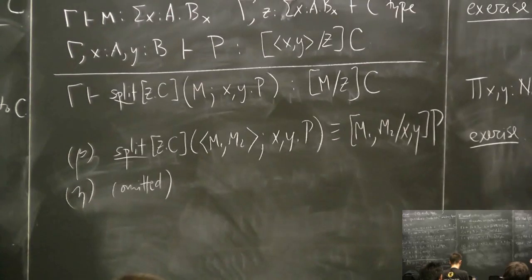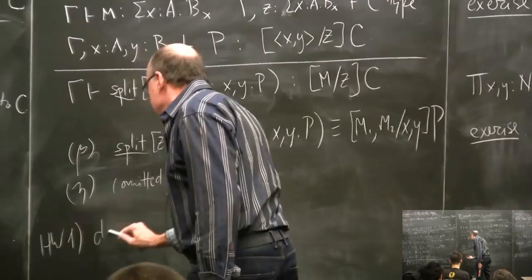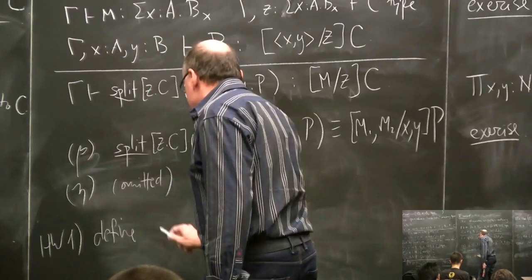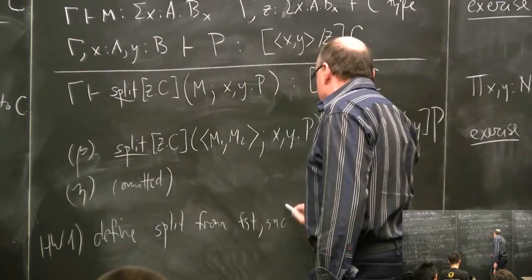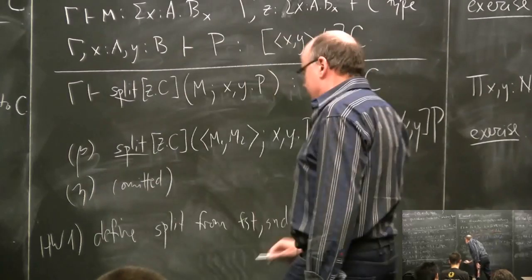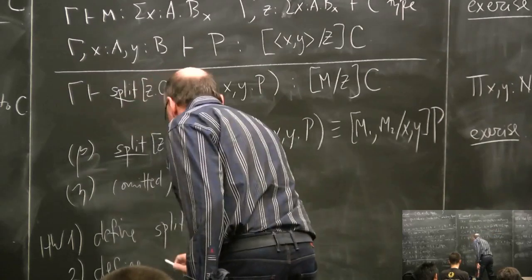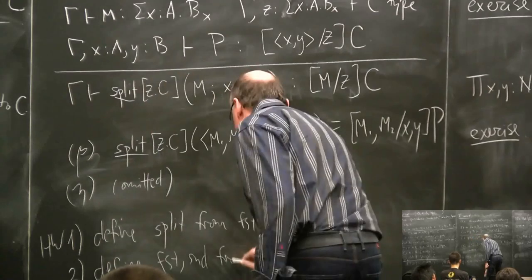So now here's the trick, okay? So one is, for homework, you can define split from first and second. So that one you just do. The second thing is going to be a problem, which is define first and second from split.